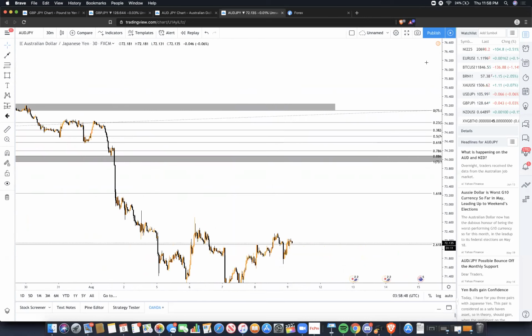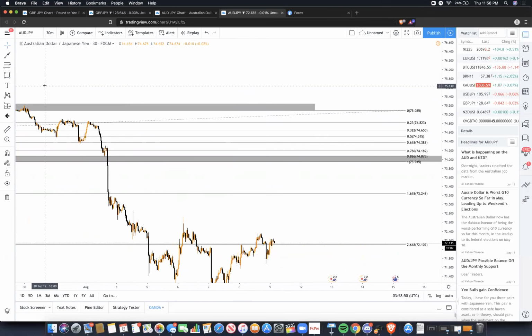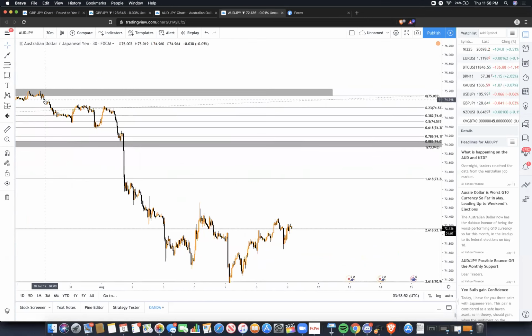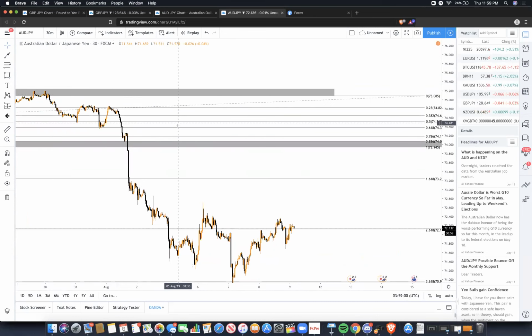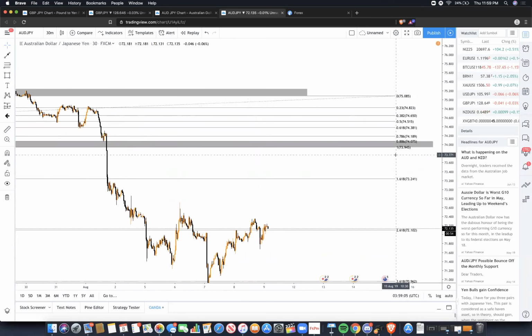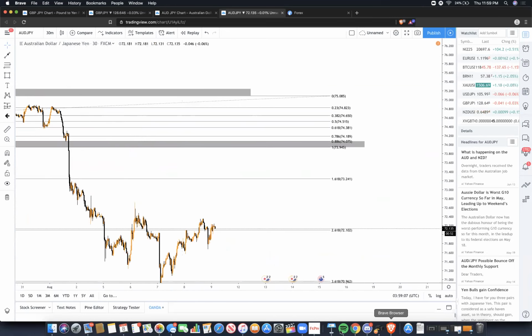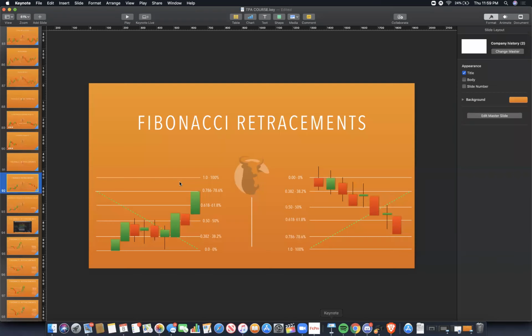So here's the market trending downwards, retested, and dropped. We went from here to here. 100% is here. The important thing is to understand what each of these percentages means. So we just drew this zone here. Perfect. Let's go back to our slides.